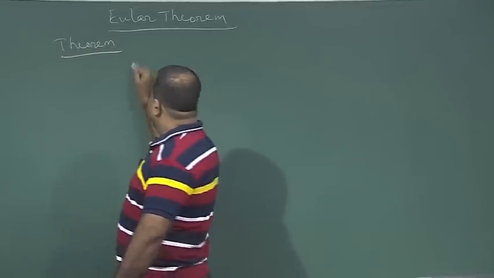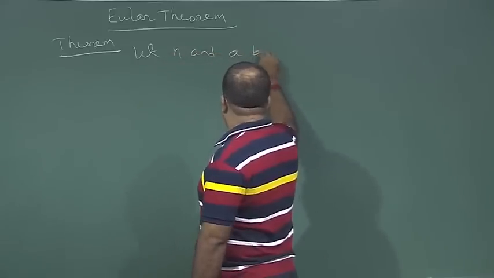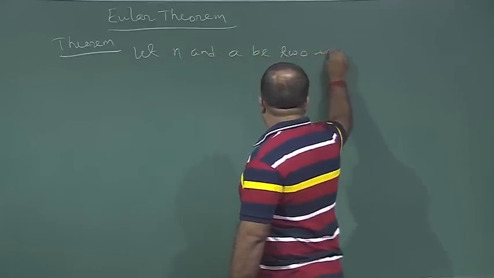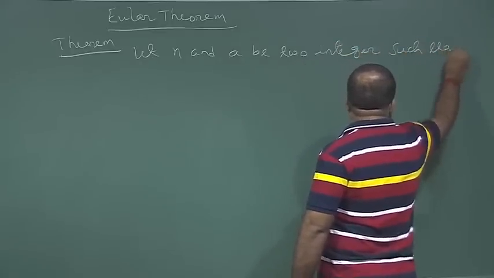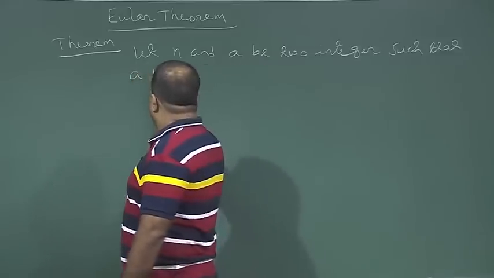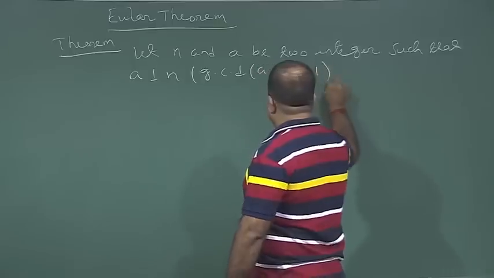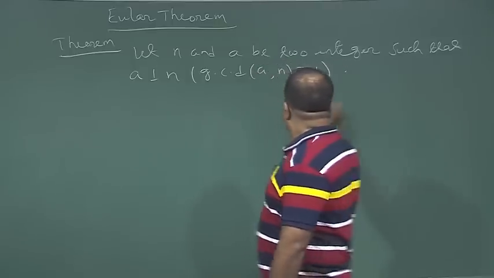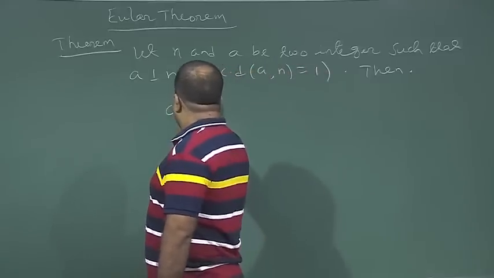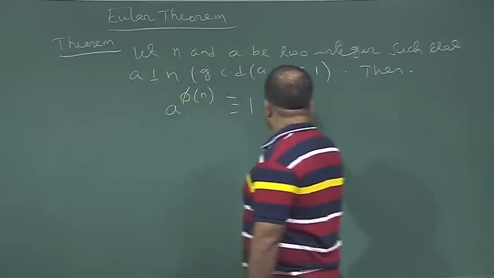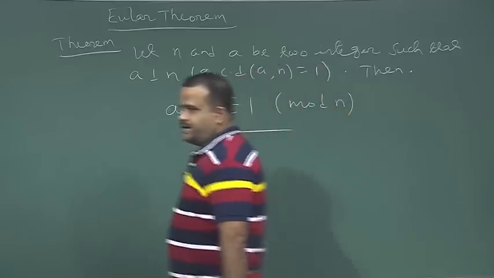Euler's theorem says: let n and a be two integers such that GCD of a and n is 1, then a to the power phi(n) is congruent to 1 mod n. So, this is the statement of Euler's theorem.